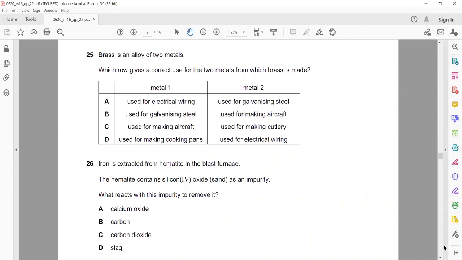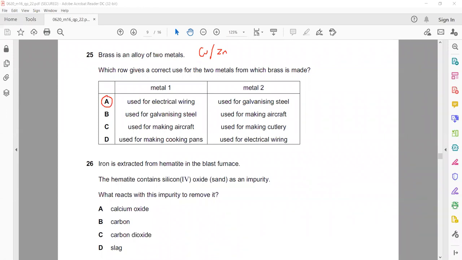Which row gives the correct use of the two metals the brass is made up of? Brass is actually an alloy of copper and zinc. So basically you have to mention the use of copper. Copper is used for electrical wiring. That's right. And zinc is more reactive, so it is used for galvanizing steel. So A is the right answer.